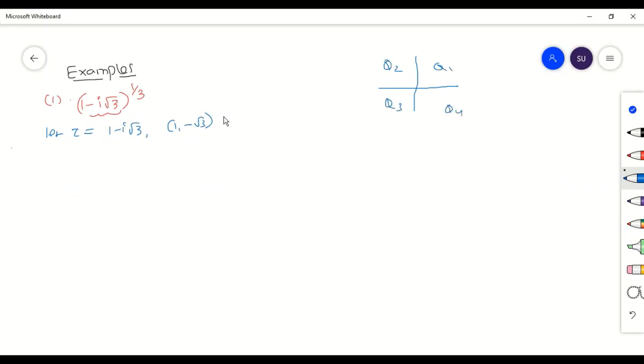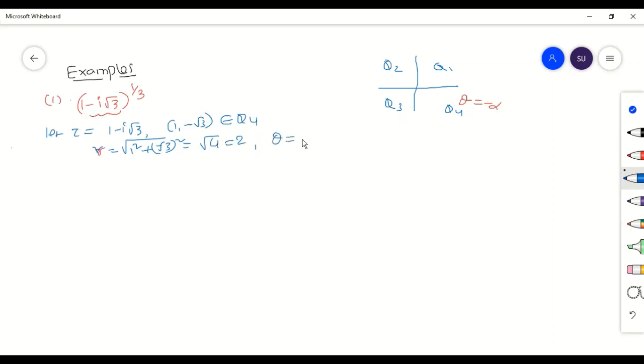Now tell me, 1 comma minus root 3 belongs to which quadrant? This is Q4. In Q4, theta is equal to minus alpha. So clearly r is equal to square root of 1 square plus (minus root 3) whole square, 1 plus 3 is root 4, which is equal to 2. r is 2.